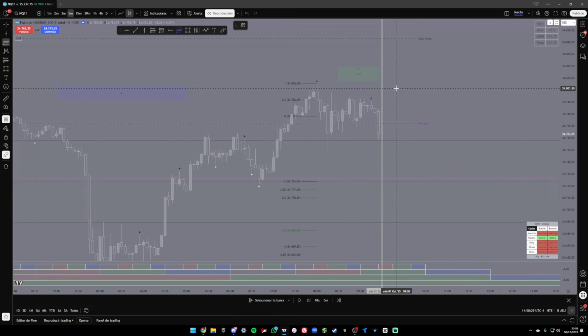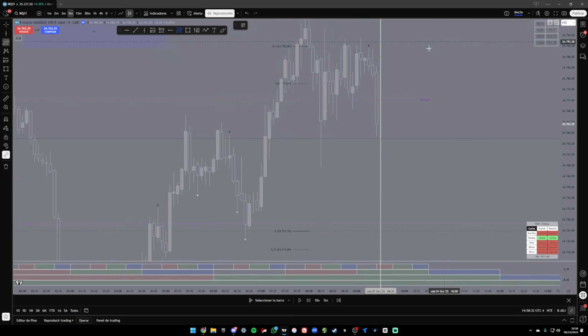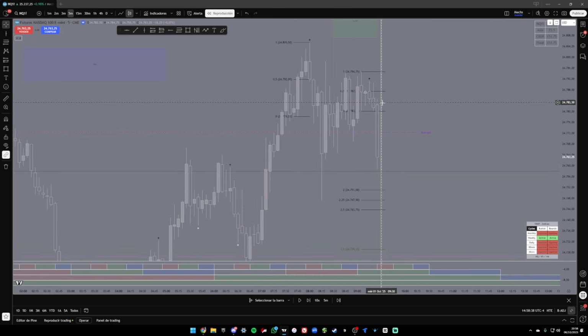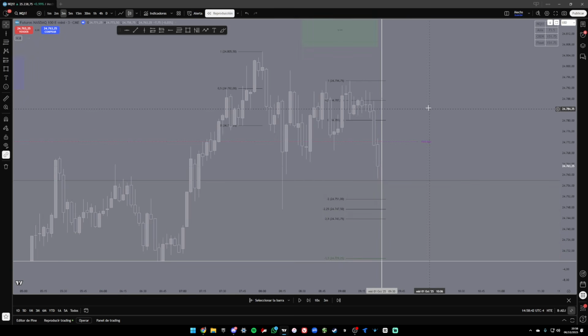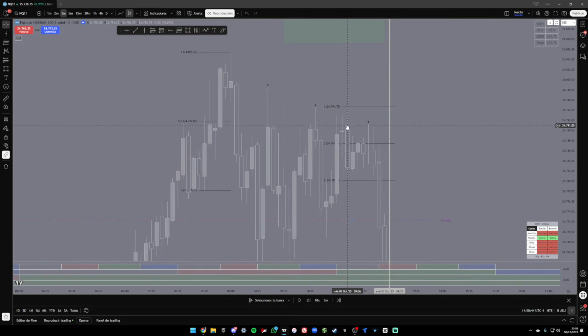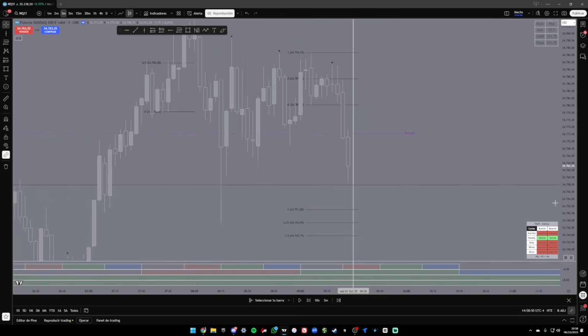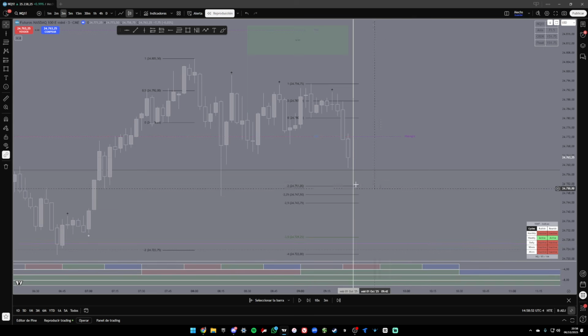Also, this is a little bit difficult to see, but this is also a break of structure standard deviation, from this high to this low. If we go to the 3 minute, I think we can see it. Look, do you all see it? From this high, it's manipulating this high. We have an accumulation, and here price breaks structure and goes to the downside. Do you all see it?